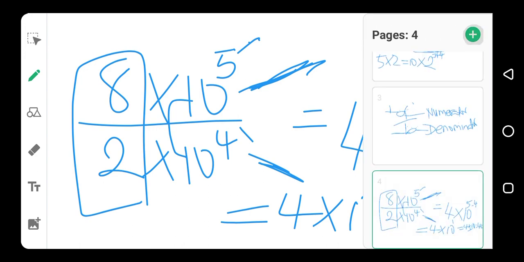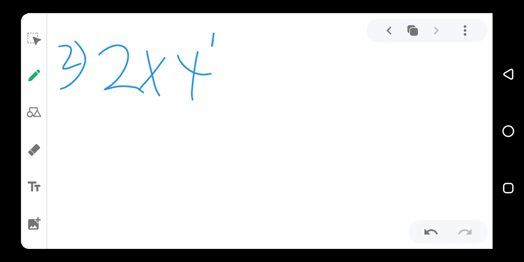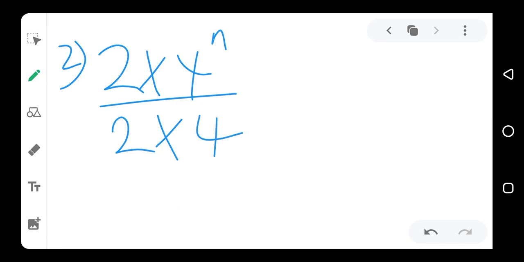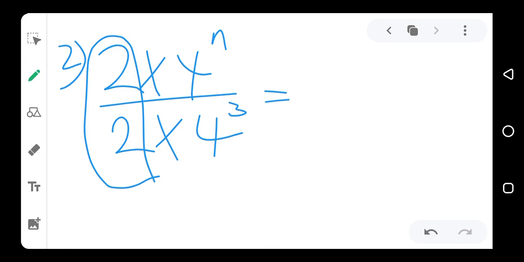Example 2. Now, if we have this and we are asked to simplify it, we divide 2 by 2, that will give us 1.